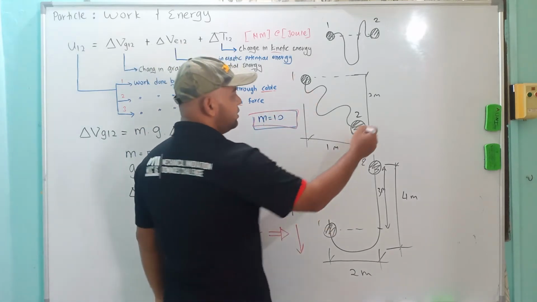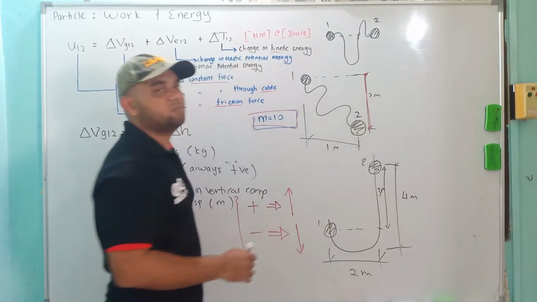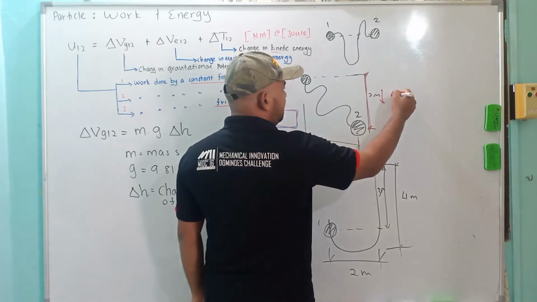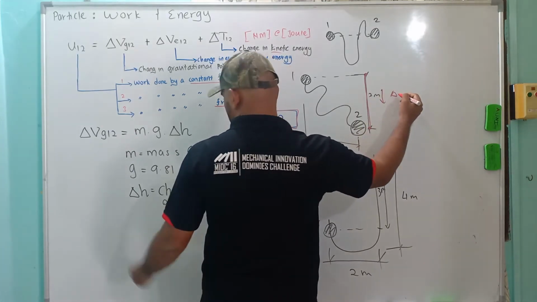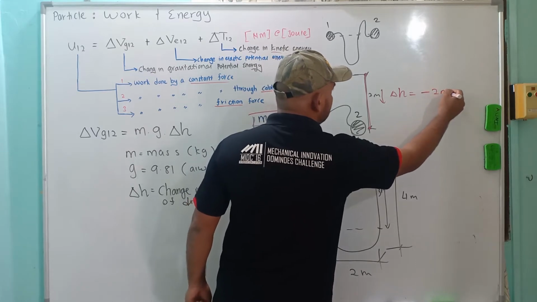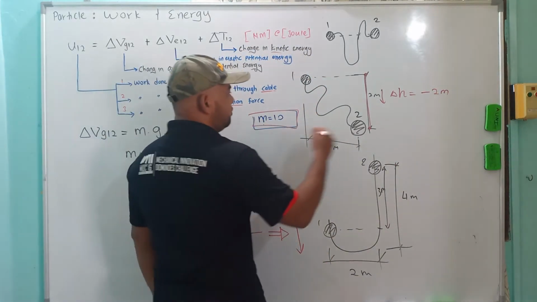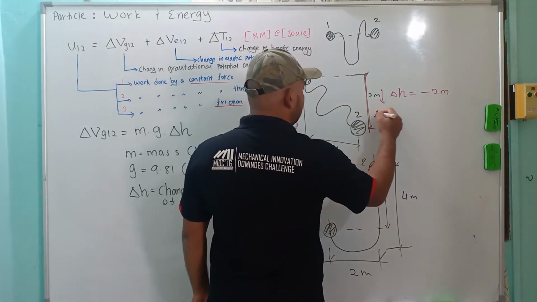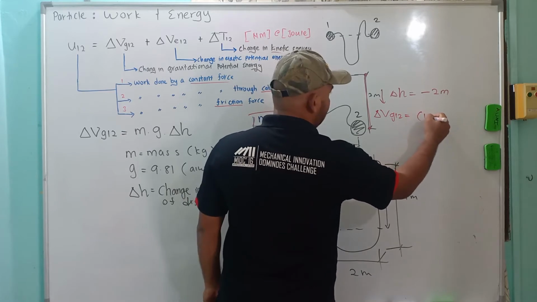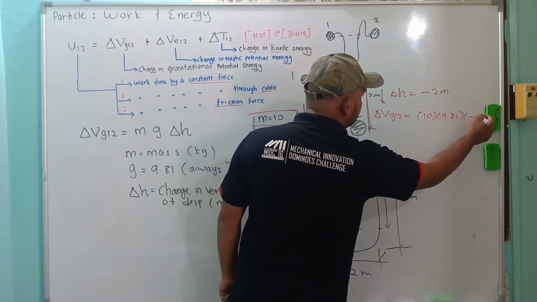What we want to know is this vertical displacement. In this case the component is moving downward, so delta h equal to minus 2 meters. So delta Vg12 is equal to 10 times 9.81 times minus 2.